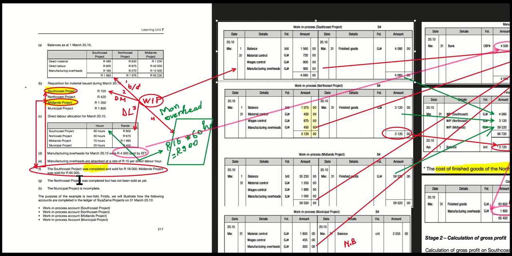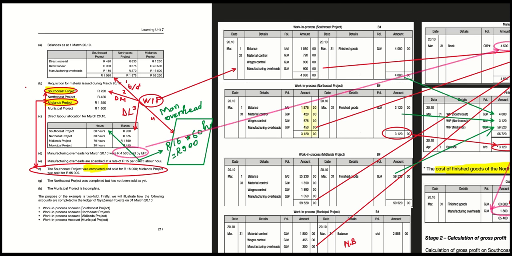One thing you would also look at is the manufacturing overhead for March. It is provided to us in section D, whatever it is, manufacturing overhead for March were 4,500 paid by EFT.